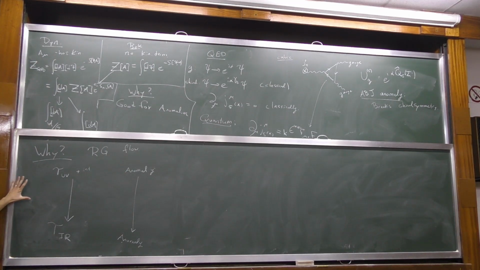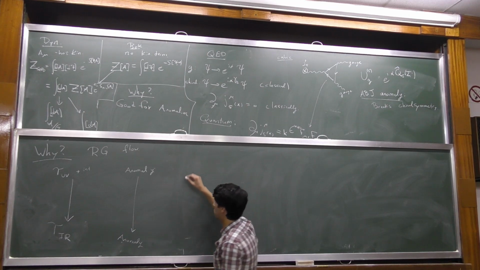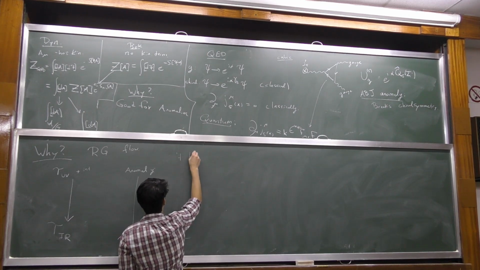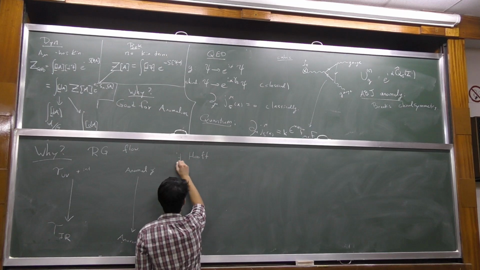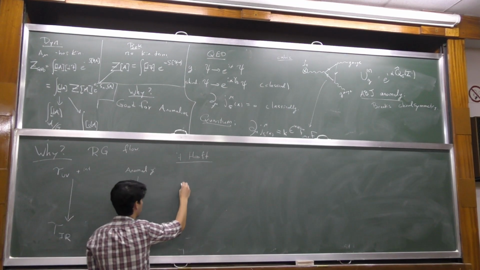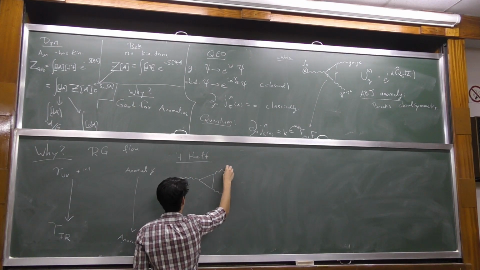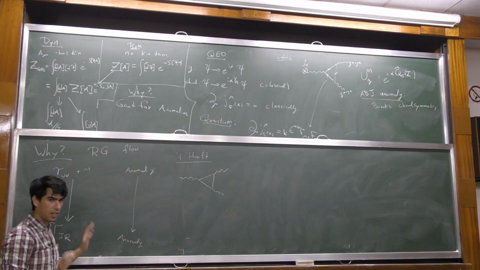There are several ways to see that this has to be true. The first reason why this has to match is an old argument due to 't Hooft. Essentially what he was looking at is exactly this triangle anomaly. Imagine you have some interacting quantum field theory, and it has some fermions in it.